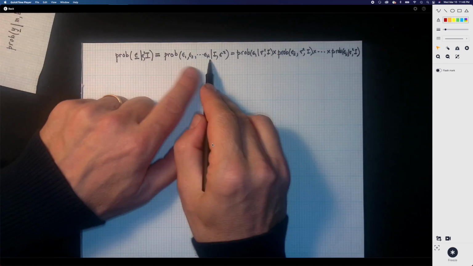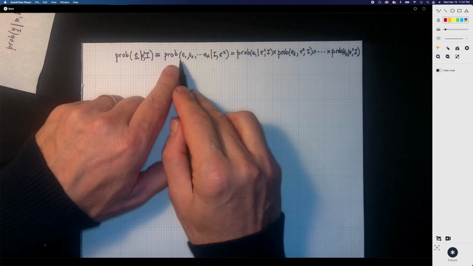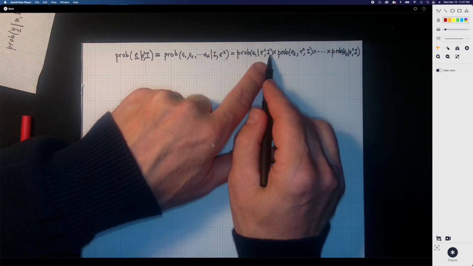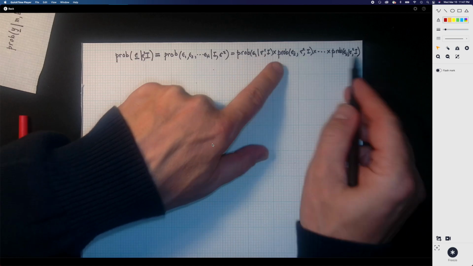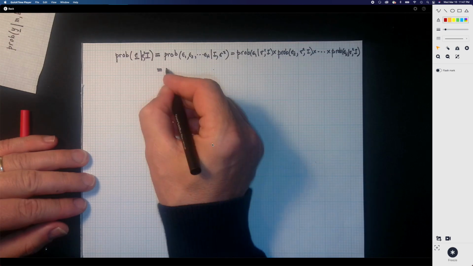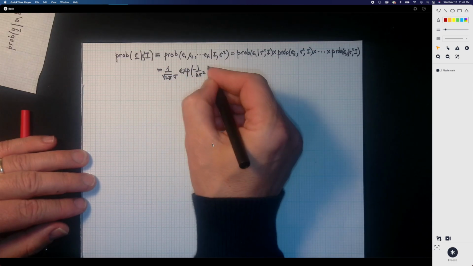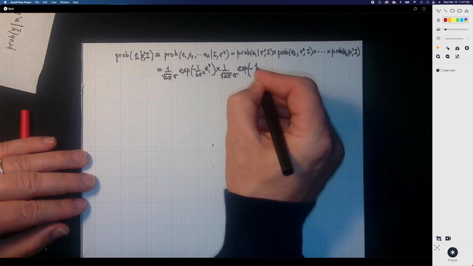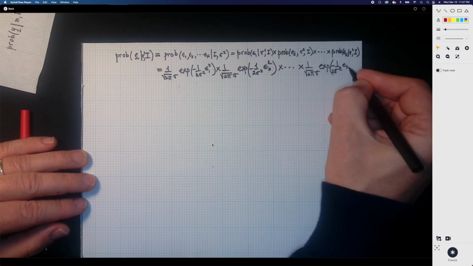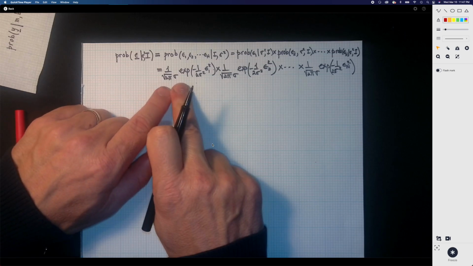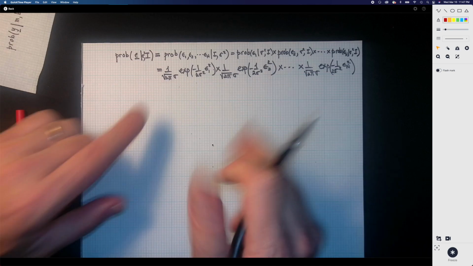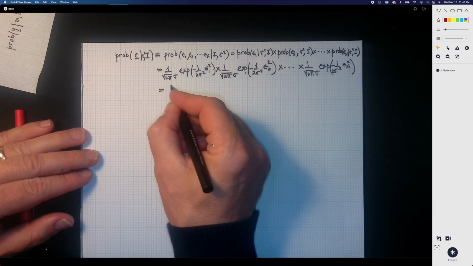So because all the epsilons are assumed independent, this joint probability for all the epsilon factors into the product of univariate normal distributions for epsilon 1 up to epsilon n. And this means that I can rewrite it like this. These are the normal distributions for epsilon 1, epsilon 2, and so on, with variance sigma squared, and then I can simplify this.